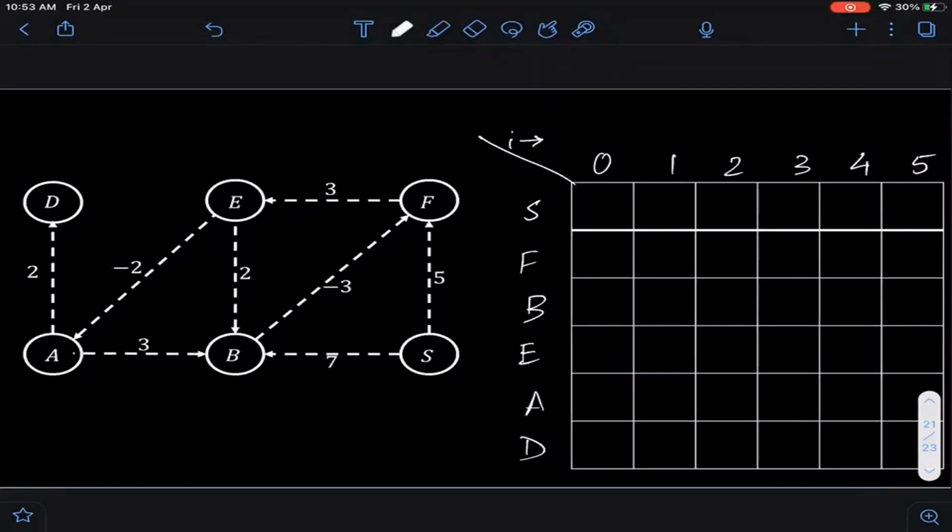So S comma 0, we said that this is going to be 0 always. For the other vertices, this is going to be infinity. So that's the first column. This is the base case.